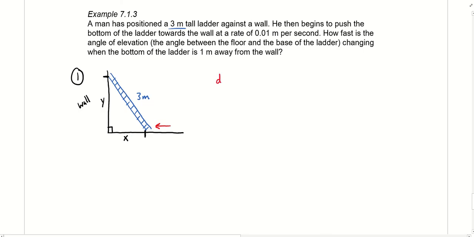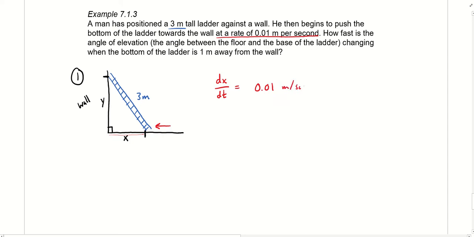I can think about dx/dt. So what's dx/dt? Well, that I can think of as the rate of change of this side of my triangle. How much is that changing? I can see that the ladder is moving toward the wall at a rate of 0.1 meters per second. In other words, that's the rate of change of x.